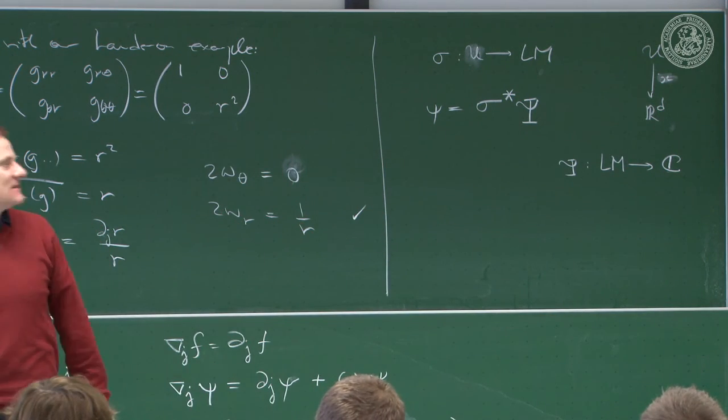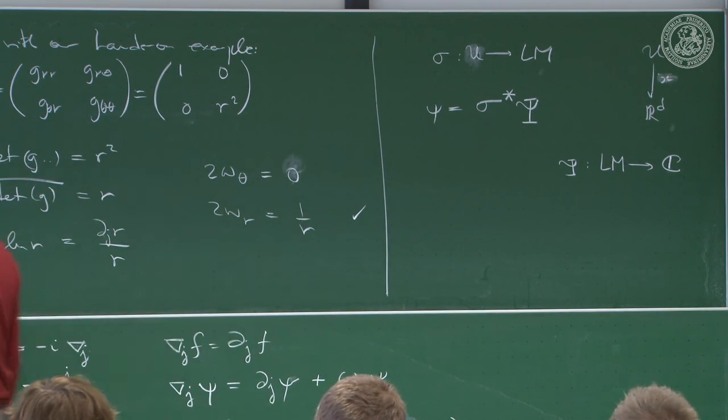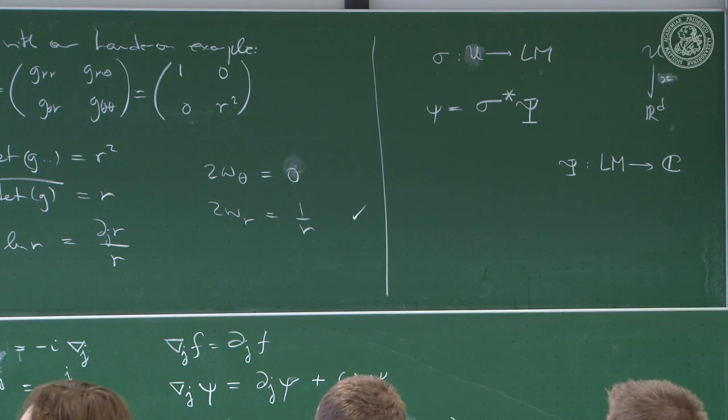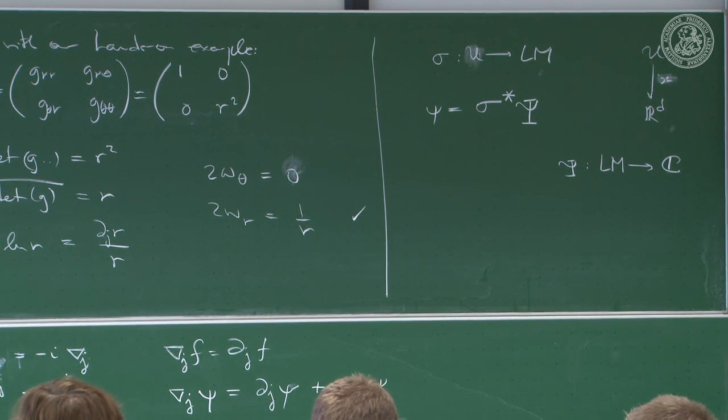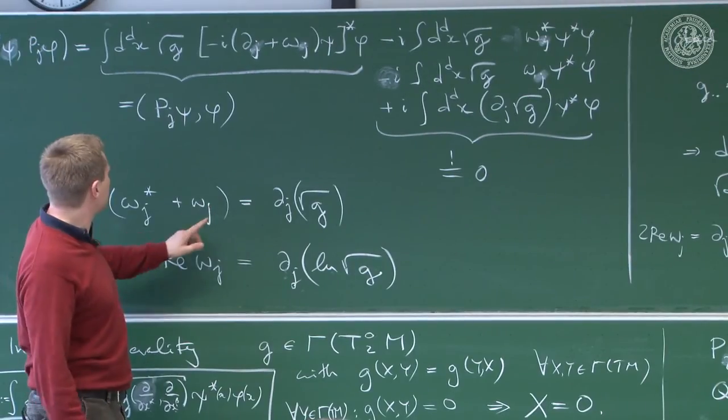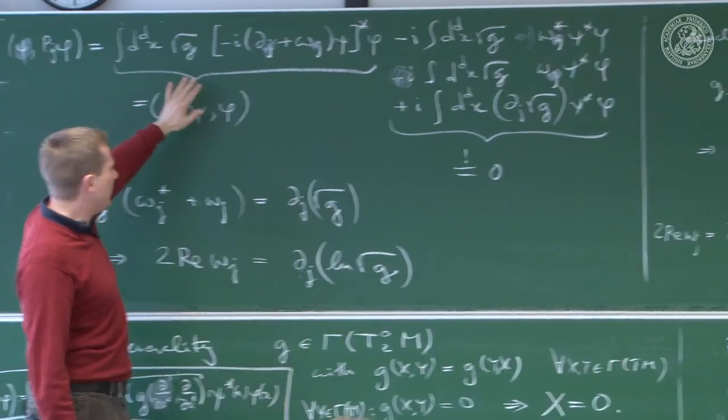Okay? So this is the first thing to keep in mind in order to understand this thing better, and we'll continue next time with that. So that's the psi. That's the psi on which we act.